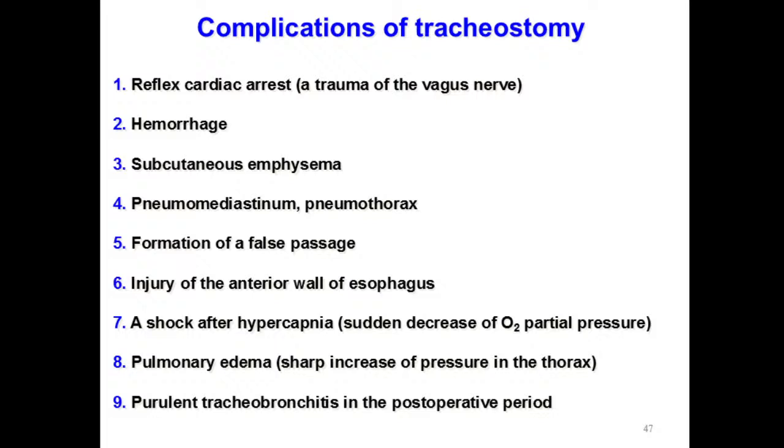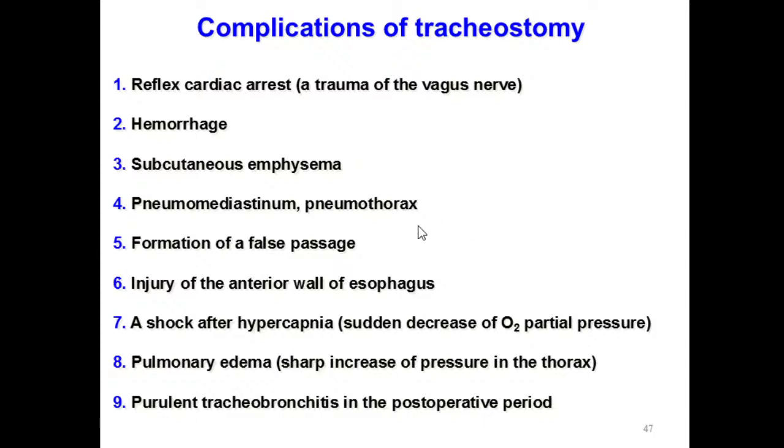What may be the complications of tracheostomy? It is reflex cardiac arrest, bleeding, subcutaneous emphysema, pneumomediastinum and pneumothorax, formation of false passage, injury of the anterior wall of the esophagus, shock after hypocapnia, pulmonary edema, purulent tracheobronchitis in the postoperative period.